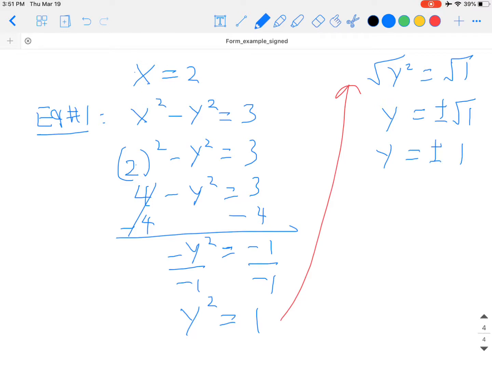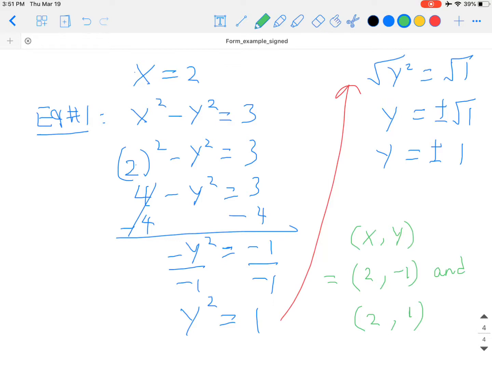So if you record all the solutions, first of all, when I have x equal to 2, the solution set will be written as (2, negative 1) and (2, positive 1). That's the solution for this page.